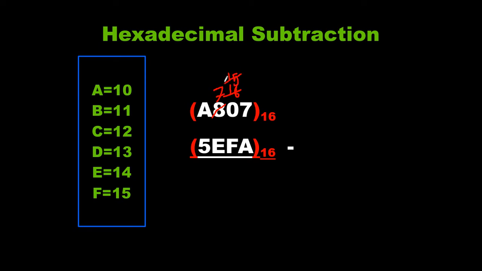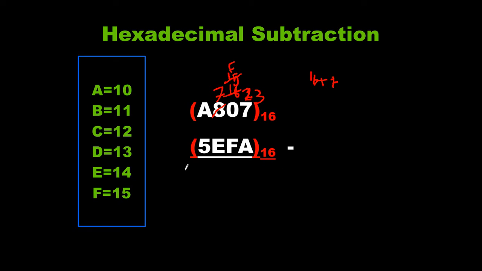So I'll have here 23 minus A, where A is 10. 23 minus 10 is 13, which is D. So let's see it. Borrow. I borrow from the 8.